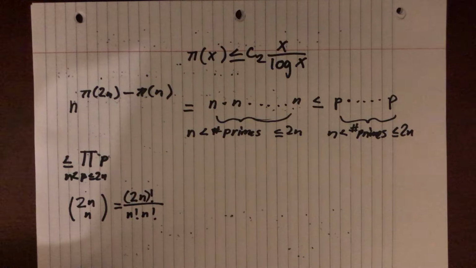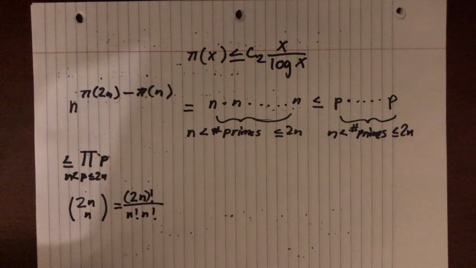Now, if we write this out, this is 2n times 2n minus 1 times ... times n plus 1, over n times n minus 1 times n minus 2, etc. Now, these are all the numbers between n and 2n, so we know all the primes between n and 2n are somewhere in this product.